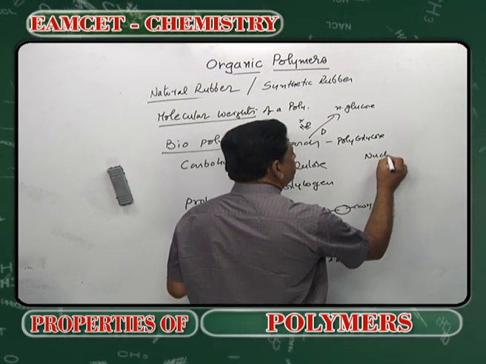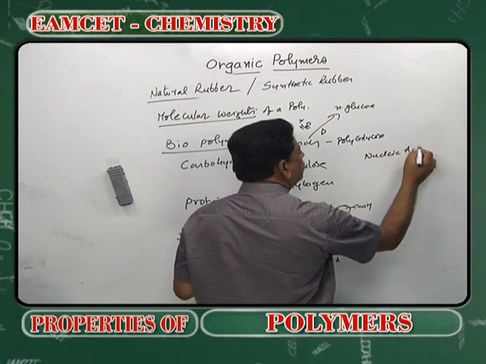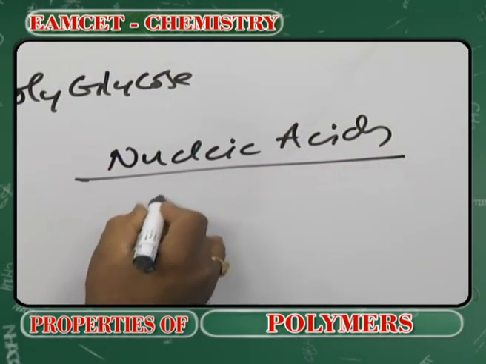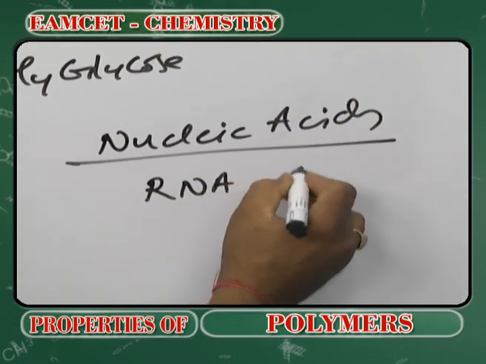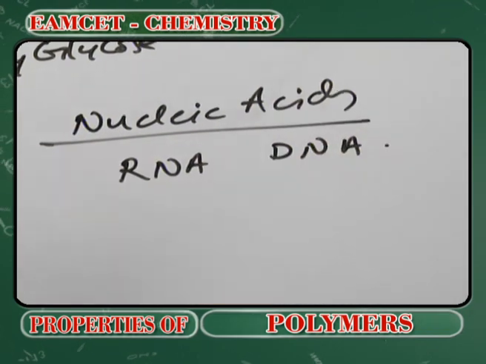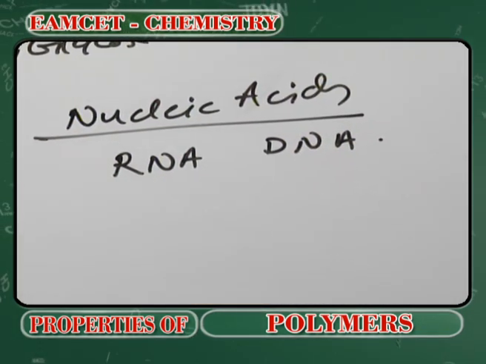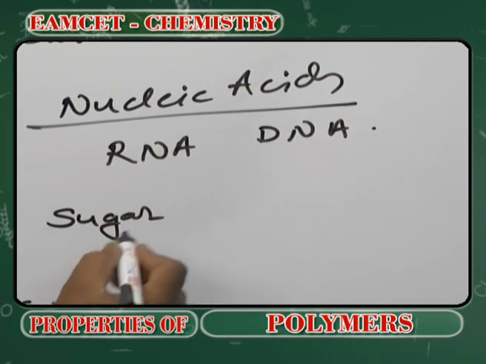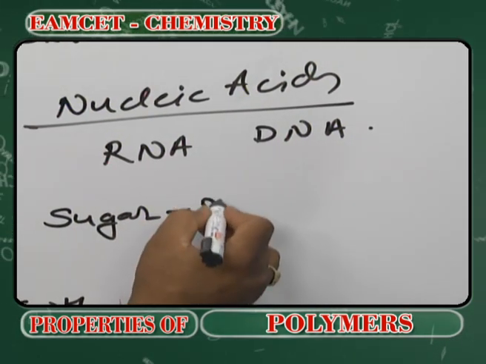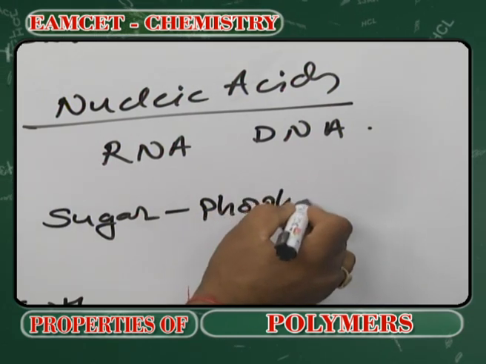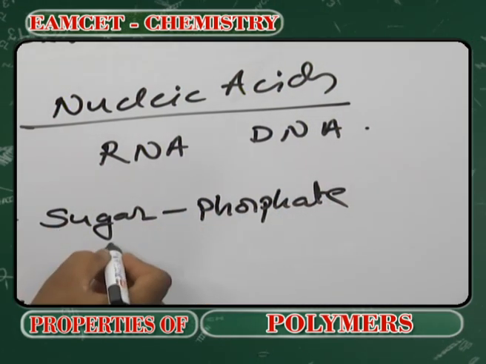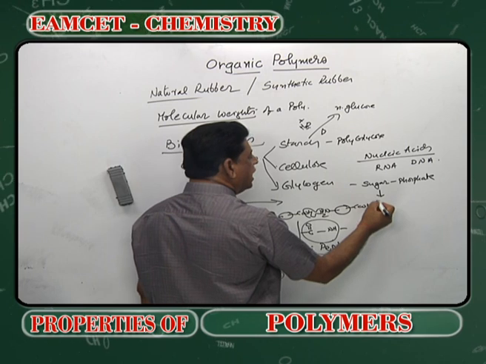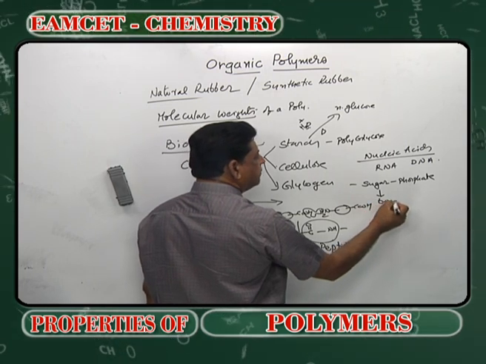and nucleic acids. Nucleic acids are also big polymers, like RNA and DNA, the two varieties. A sugar unit will be attached with a phosphate, and the sugar will have an organic base attached.